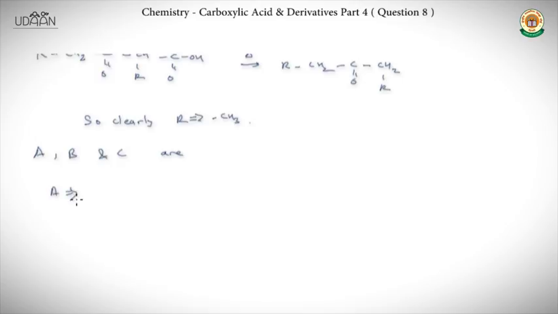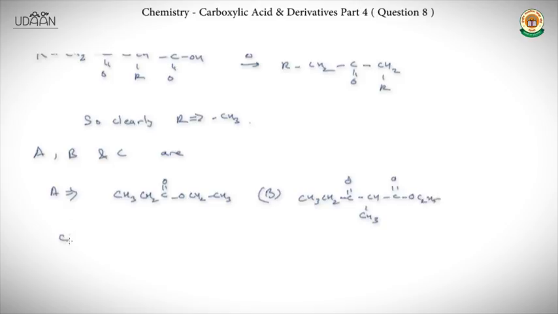A is CH3CH2 C double bond O OC2H5. B is CH3CH2 C double bond O CH(CH3) C double bond O OC2H5.